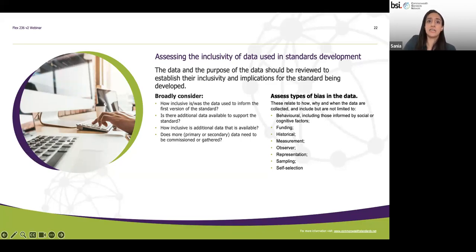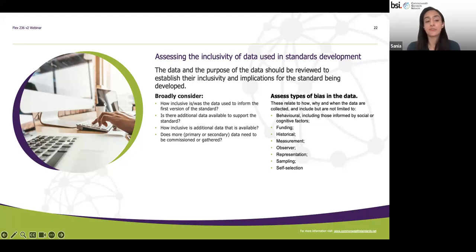It's also important to consider different factors that could introduce bias within data. Like we mentioned, there's obviously the interpretation, but there are fundamental things as well. The interpretation being behavioral biases, so how we analyze and interpret that data, but there are also things like funding. Who's funded that data and what purpose was it for?